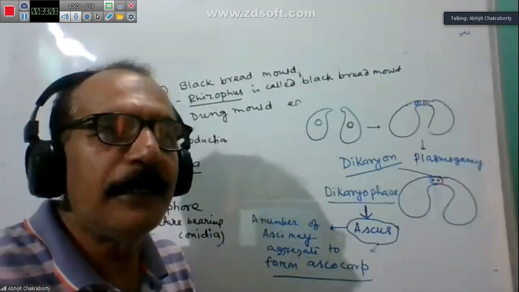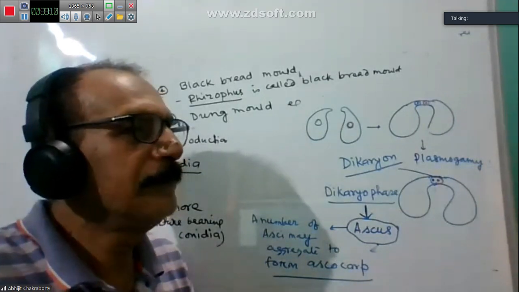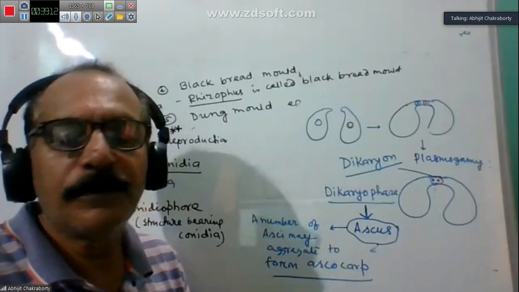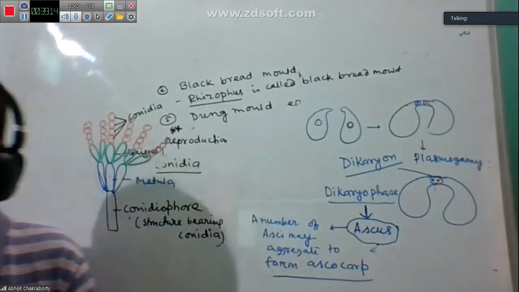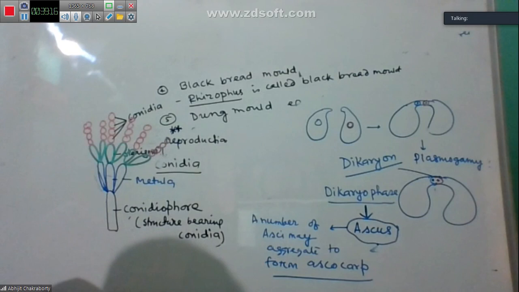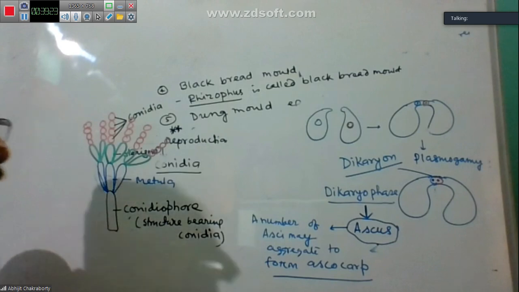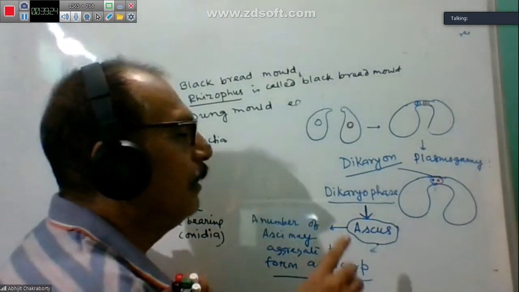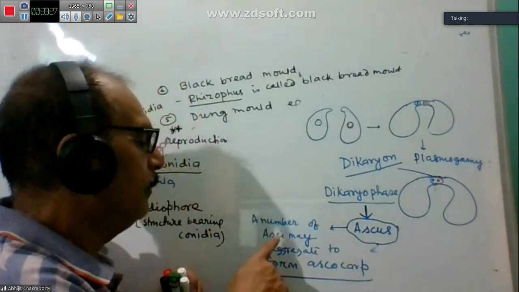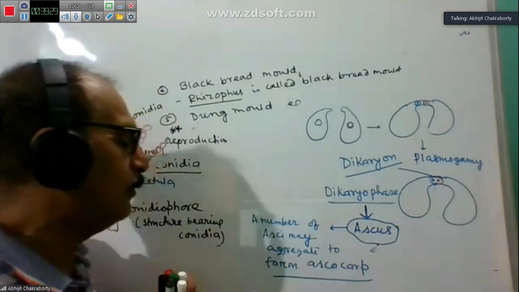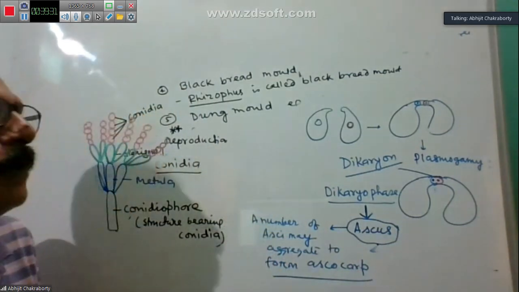Eventually from it, ascus is formed. A number of asci may aggregate to form ascocarp.